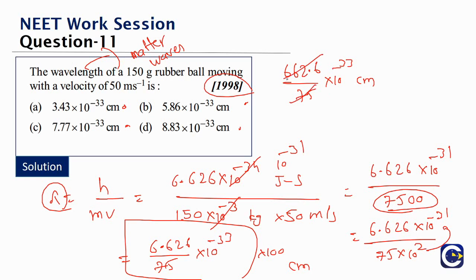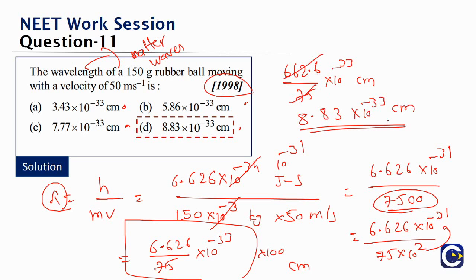If you check, approximately this will be 8.8 something. So 662.6 divided by 75 will be close to 8.83 into 10 power minus 33 centimeter. So what is the correct answer for this? Option D, which is 8.83 into 10 to the power of minus 33 centimeters. When we have questions on this de Broglie wavelength estimation type of model, we'll have a relatively straightforward approach in terms of the chemistry part of it, because we'll be able to put in the formula.